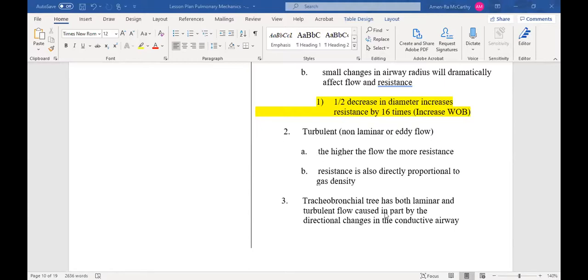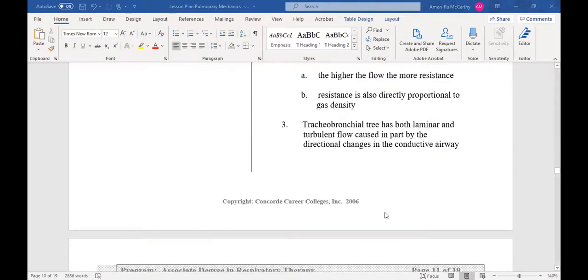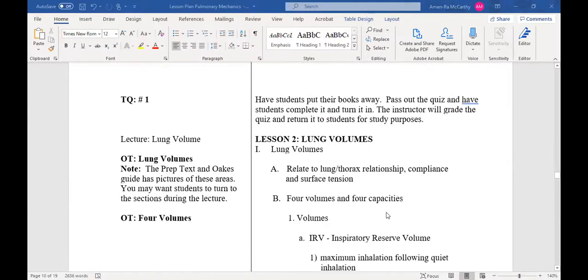Now, tomorrow we will be getting into lung volumes. So what I need you to do is make sure you look at the PowerPoint in the module that says lung volumes, okay? Let me show you where it is.